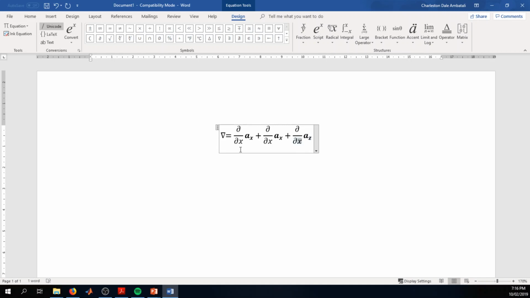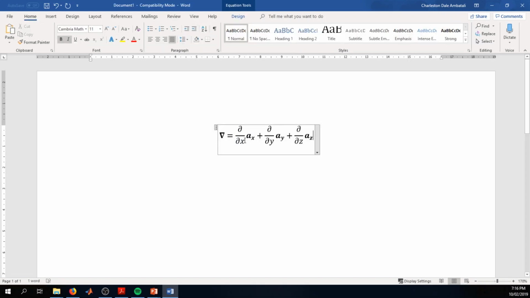The change in different components of the vector with respect to the unit length in that direction. So for Cartesian coordinates, if you want to look at the change along the x direction, you get the partial derivative with respect to x. Same is true with ay and az.